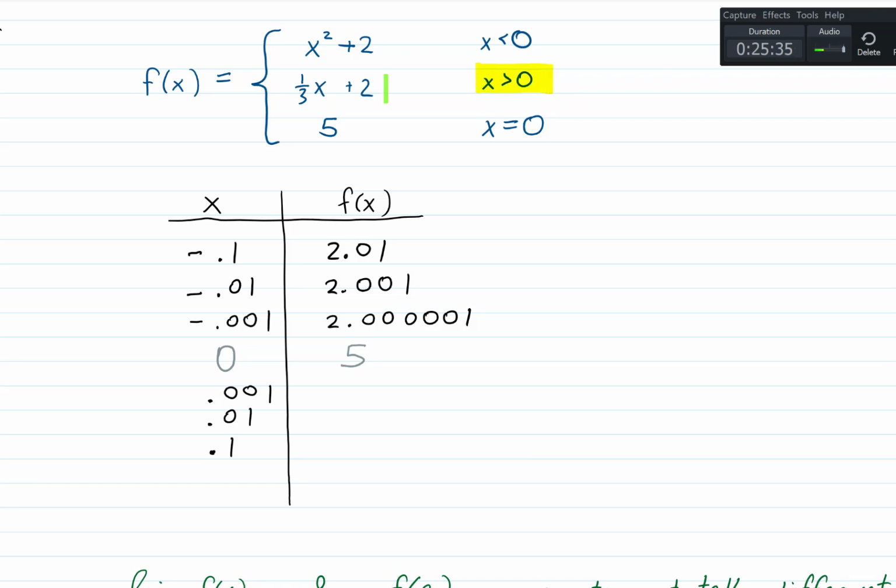So I should be using this equation for f of x. Okay, so I'm going to take 1/3 times 0.1 and then add 2, and here's what I get.